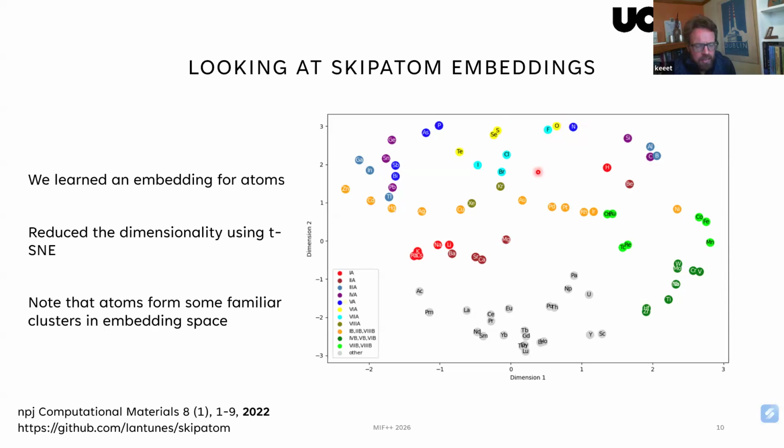I mean, this is exactly what you'd want from chemistry, but it's also kind of what you'd expect from the way this is trained. I mean, all this tells you is that sulfur and selenium tend to co-occur with the same atoms in the same kind of environments, and that's exactly what we'd expect. Again, you have your ions down here and stuff like that.